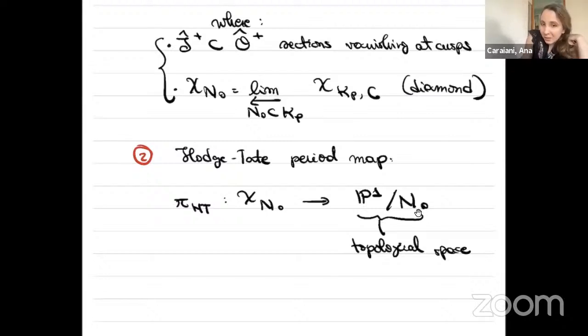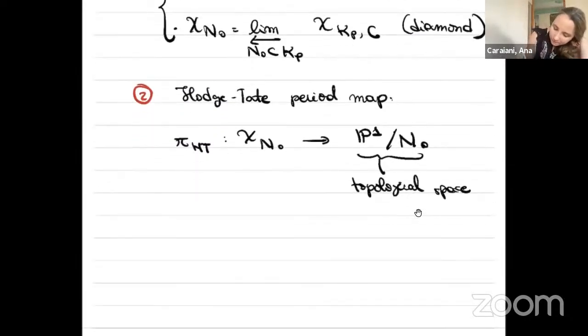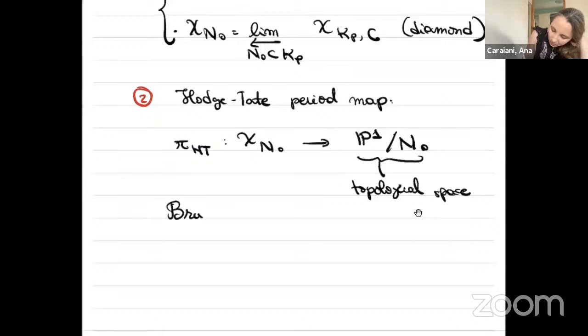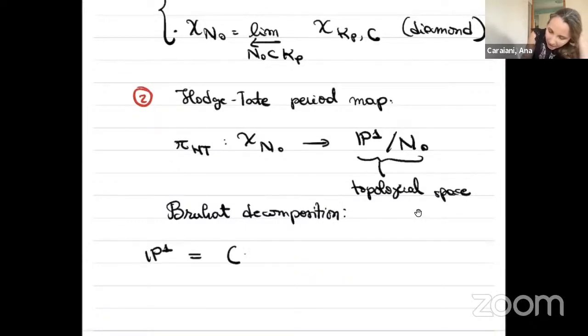Right, and then the point is that you can use the Bruhat decomposition on the Hodge-Tate period domain. So P1 can be written as a union of, first, the open ball where one of the variables on P1 is less than or equal to 1, and I can take its closure.